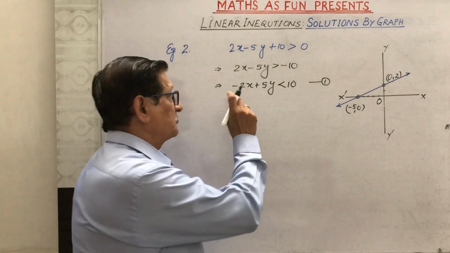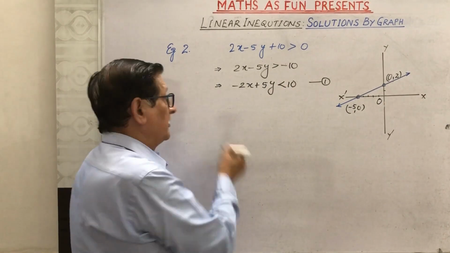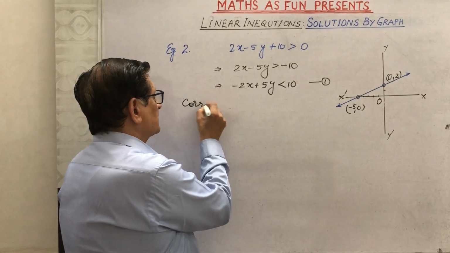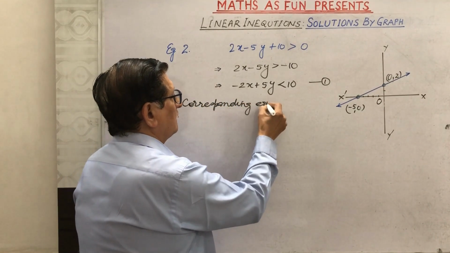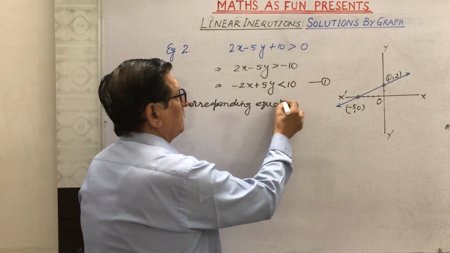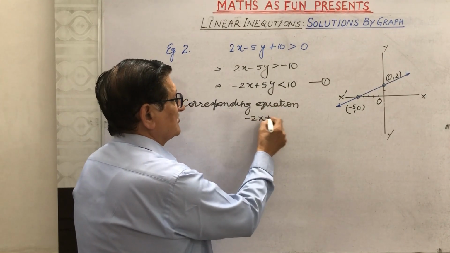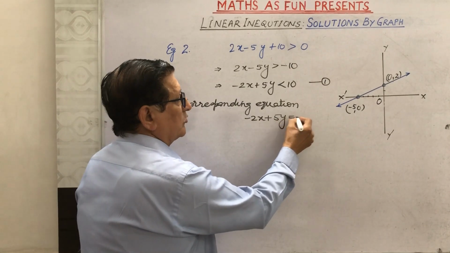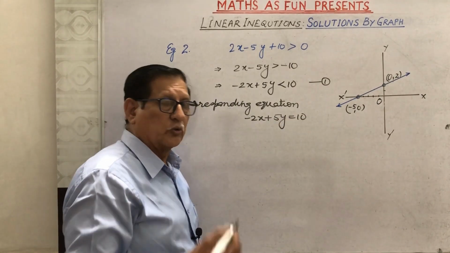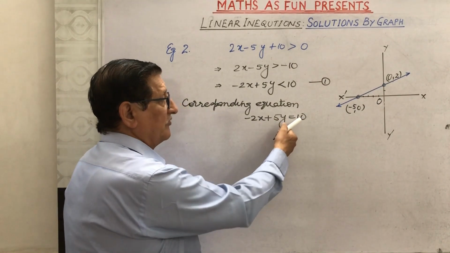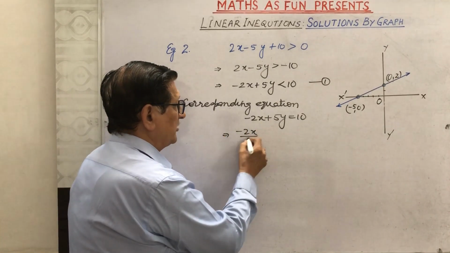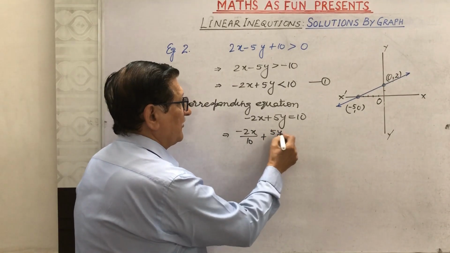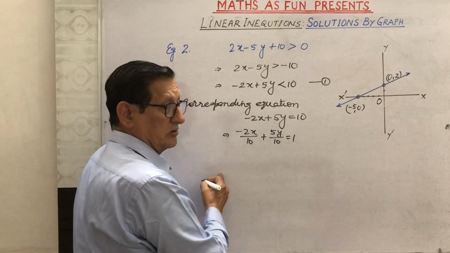First, we write the corresponding equation to this inequality, and the corresponding equation is minus 2x plus 5y equal to 10. To convert it into the intercept form, we will divide by 10 on both the sides. This will be minus 2x upon 10 plus 5y upon 10 equal to 1.